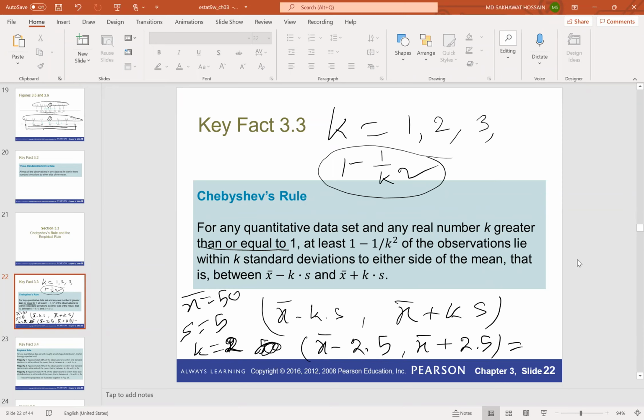So x bar is 50, so 50 minus 10, that means 40, and this number will be 50 plus 10, so that means 60.